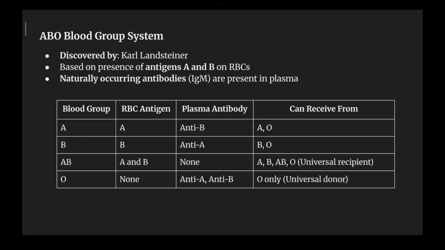So you can conclude that the universal recipient, who can receive blood from all blood types, is AB, and the universal donor, O blood type, can donate to any blood group. But when transfusing an O group person, only O should be given.